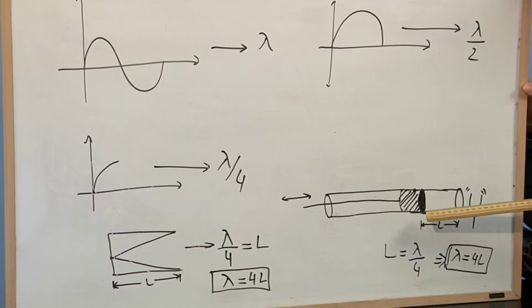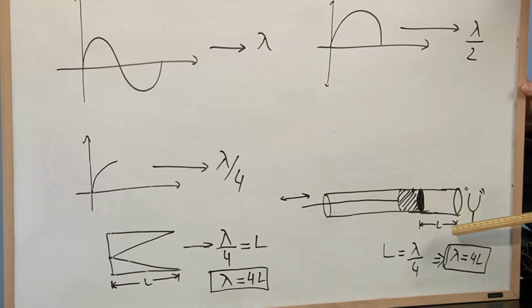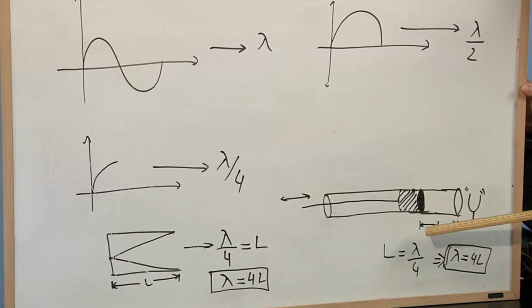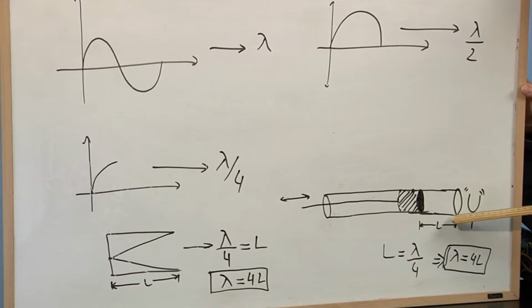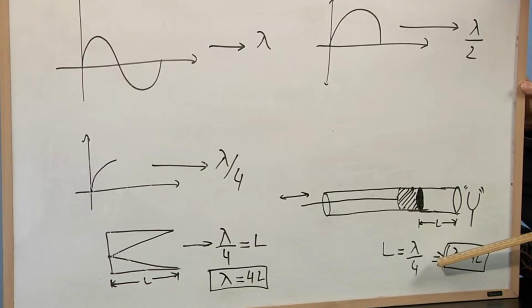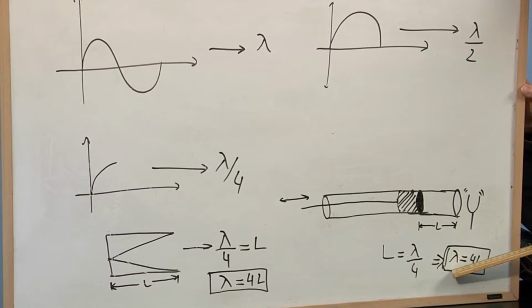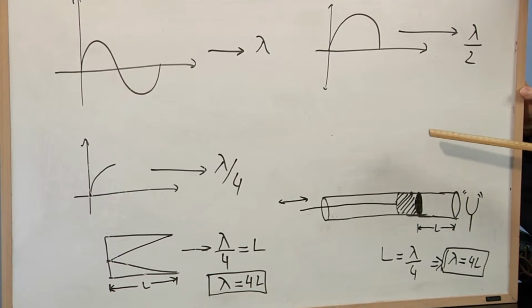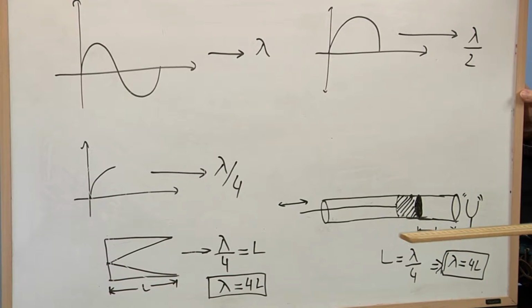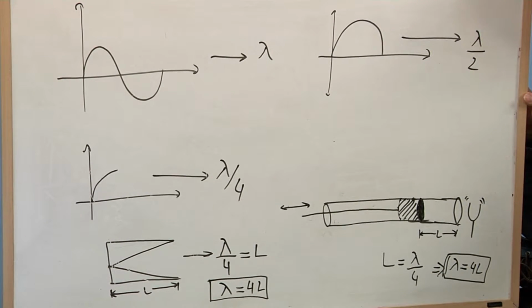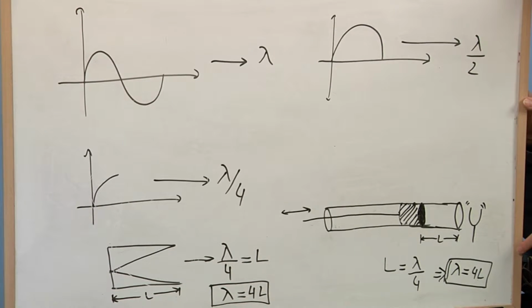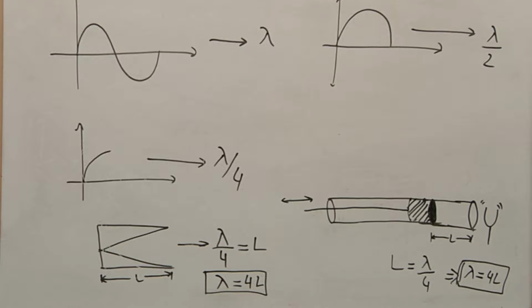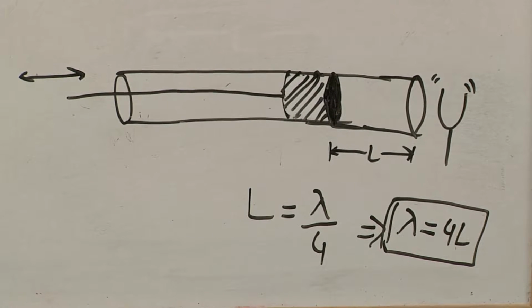Once we hear the sound, we're going to stop there and measure this length. Like we discussed, this length is going to be a quarter of the wavelength, and then our lambda, which is the wavelength, is going to be 4 times the length that we have. So that's the experiment. By collecting a couple of data points, trying different tuning forks and finding their lambdas, we're going to be able to find our table, and then we're going to find the slope of this graph.